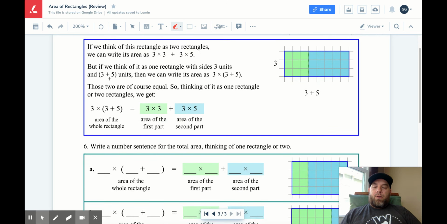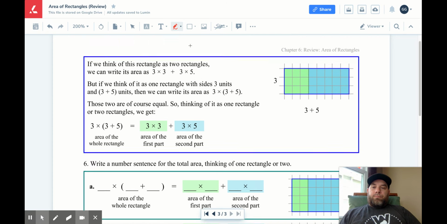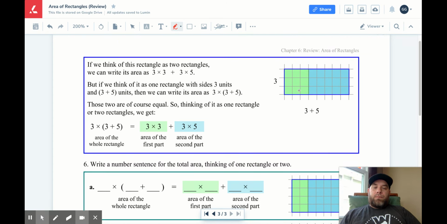All right, the last part of our review here. If we think of this rectangle as 2 rectangles, okay? So we have 2 rectangles. We can write an area as 3 times 3, and then we're adding them together. So 3 right here, 3 right here, 3 times 3.